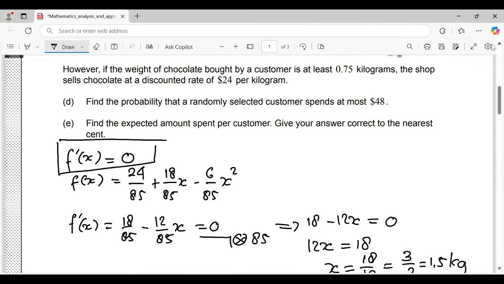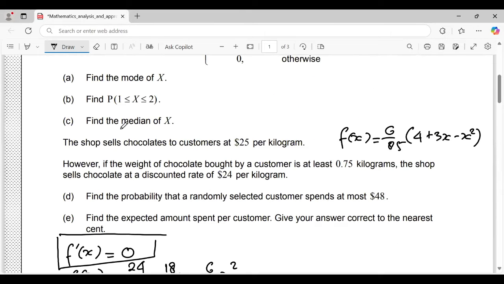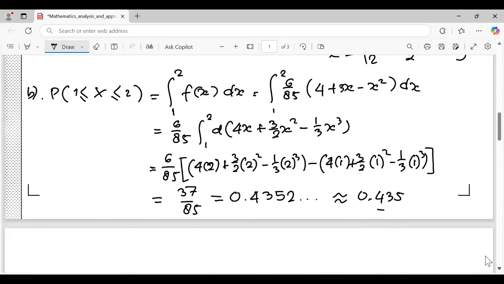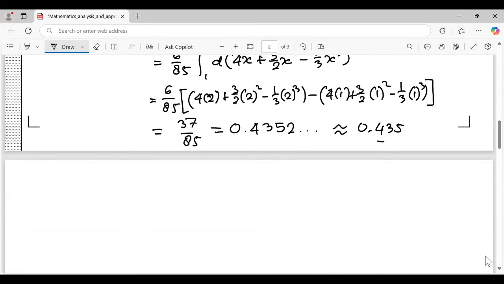Next, part C. Find the median of x. To find the median of x, we use the integral as well. The interval of x is from 0.5 to 3.